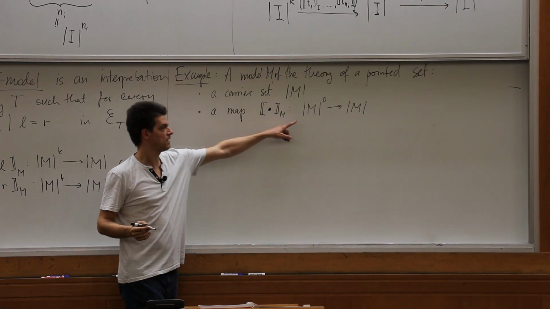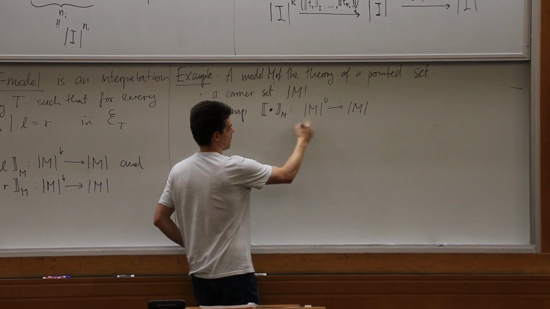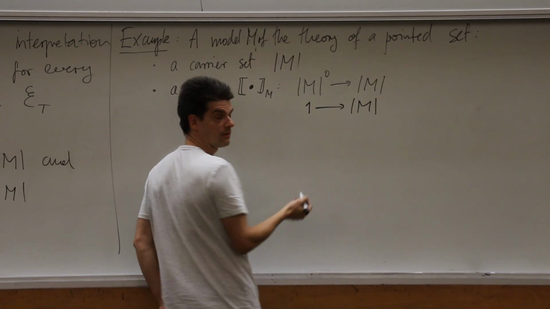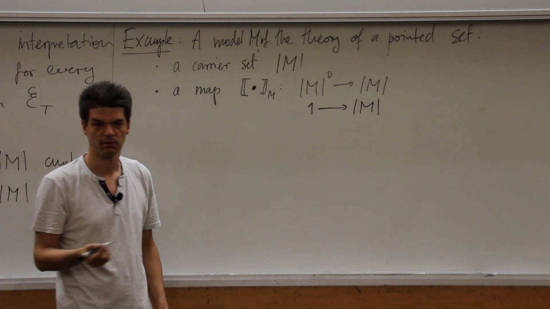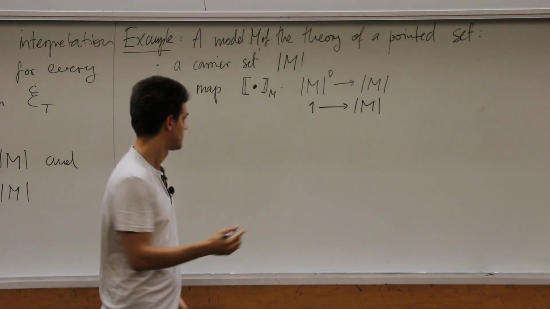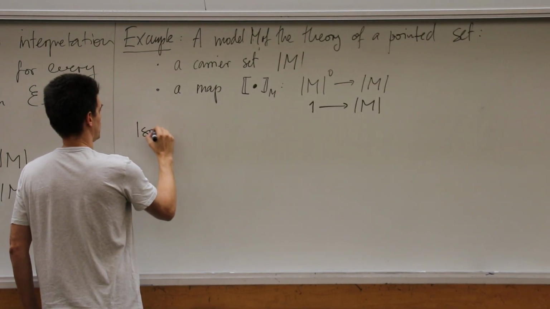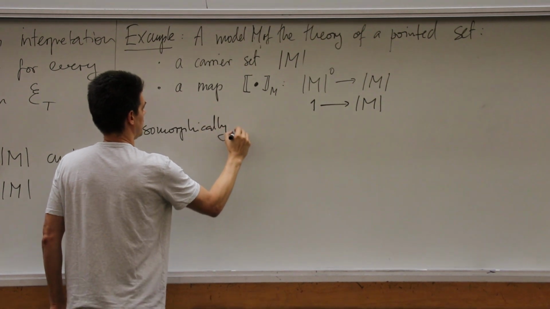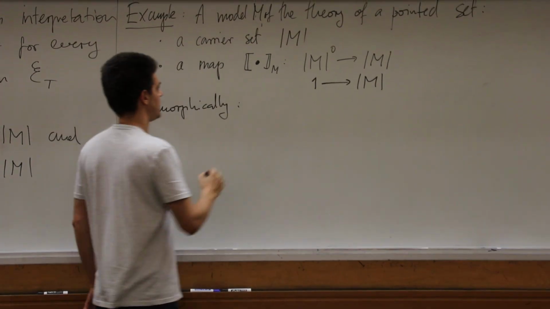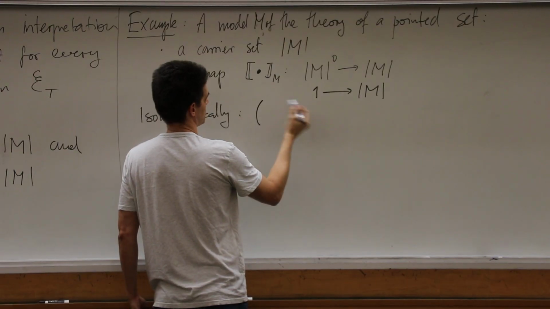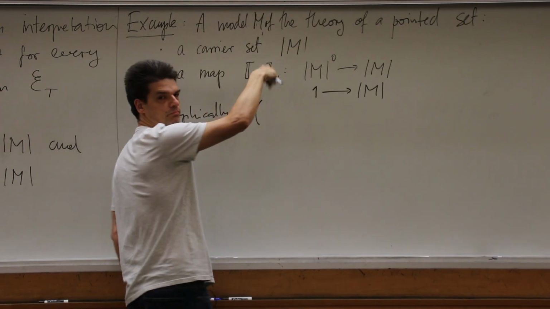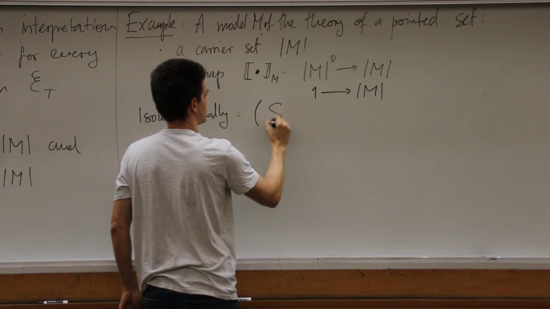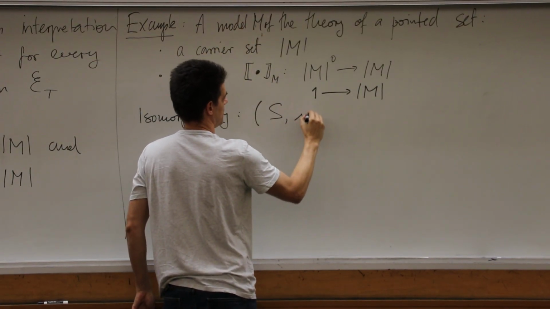So this thing here is like a map from 1 to M, but maps from 1 to M are in bijective correspondence with the elements of M. So I could say isomorphically, normal people, the way they would say this is just some set, and they wouldn't even write this business with brackets M and so on. They would just say it's a set S, and it's some element s.